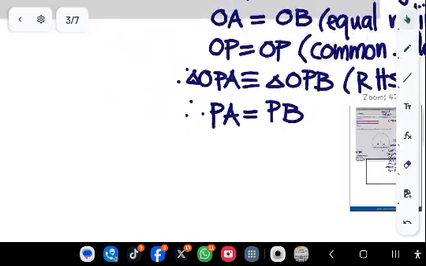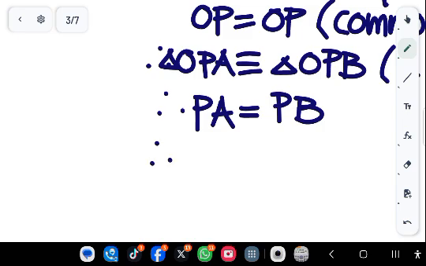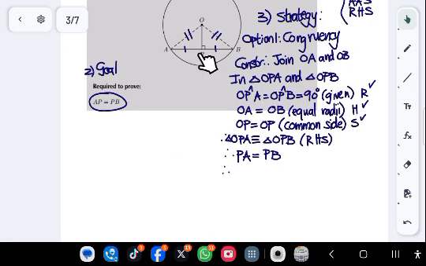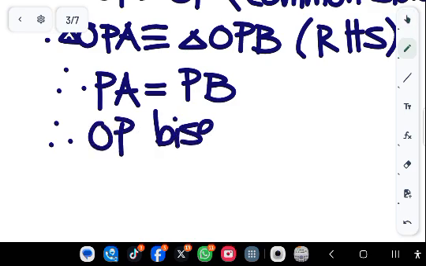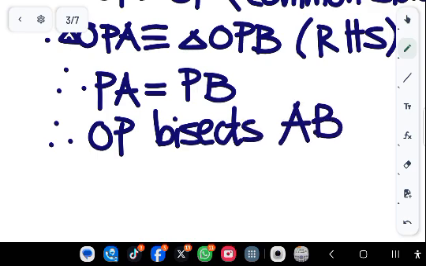Therefore, the conclusion you can make is that OP bisects the chord. Therefore, OP bisects AB, the chord.